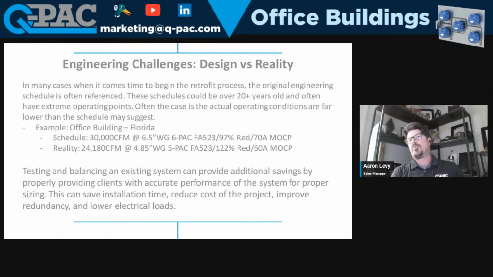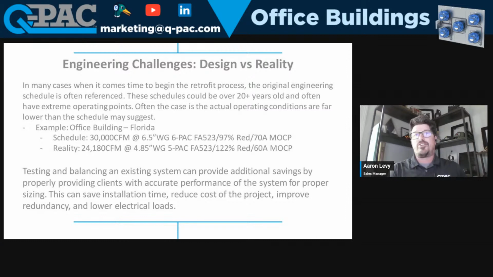And one of the things that a lot of us face on the building side is the engineering challenges between what was designed on a system and what the actual reality of the system is. A lot of these systems were designed 10, 15, 20 years ago on a piece of paper.